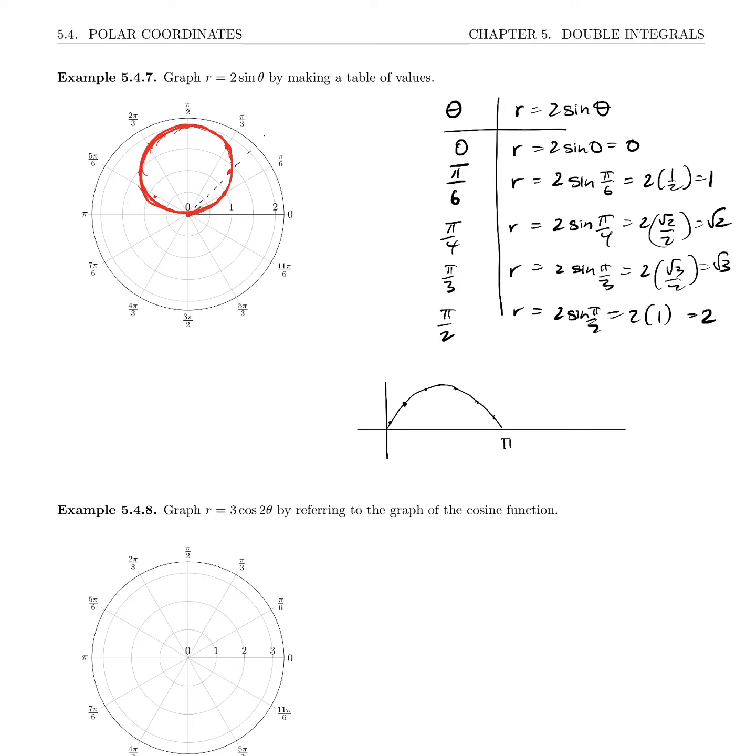Now let's take a quick look at where the center of that circle is. The center is here, which is not at this 2, but halfway. So that is a center at, in rectangular coordinates, 1, 0. And we're going to see in our summary of this that this is of the form r is equal to 2a sine theta.